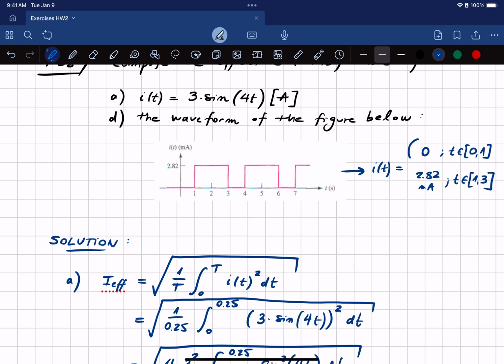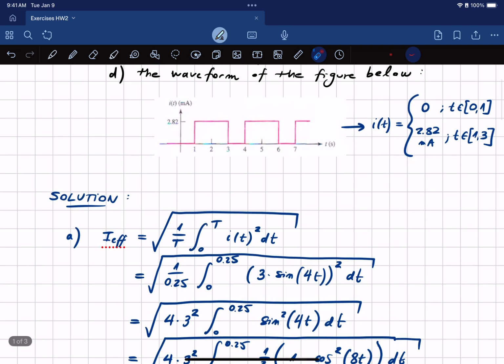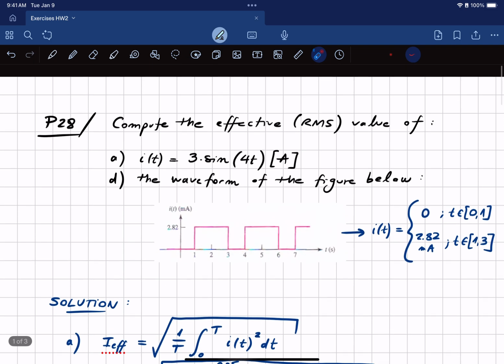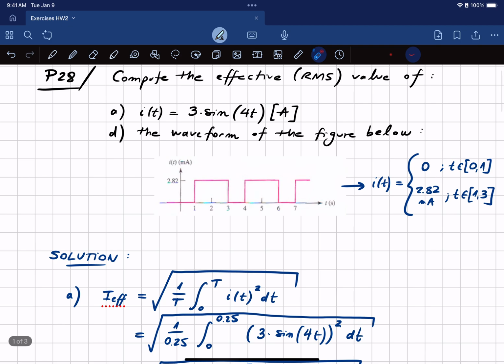And then it repeats itself. The good thing about the effective value is that it makes sense for periodic signals. So we only have to take care of one period at a time. In this case, the period is 3, right? And we have our function defined. So now we can apply the definition.